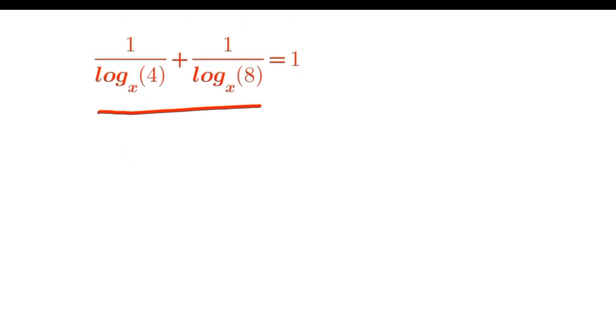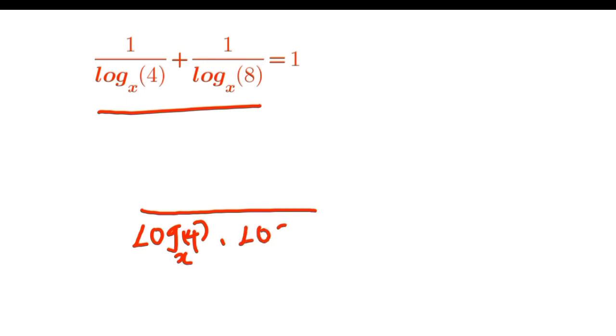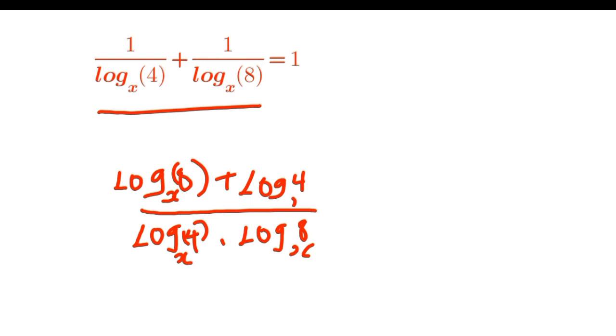So when we add that, we already have the denominator as log 4 base x multiplied by log 8 base x. Now, on the numerator, we have log 8 base x plus log 4 base x, which is equal to 1.